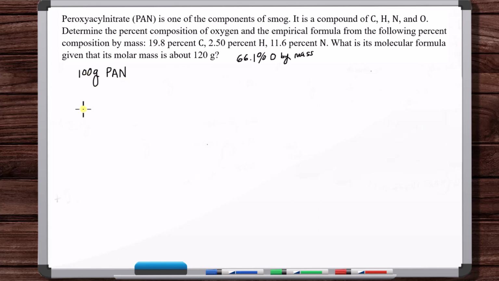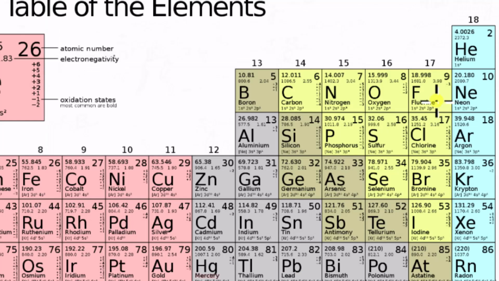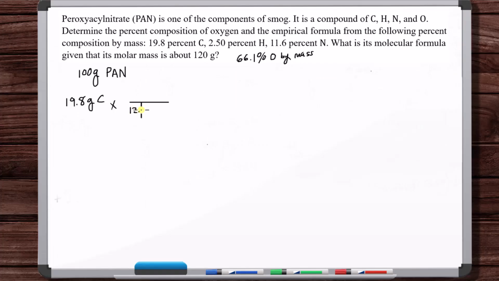Okay. So that means we've got 19.8 grams of carbon. What is the molar mass of carbon? 12.011, so 12.011 grams of carbon per 1 mole of carbon.